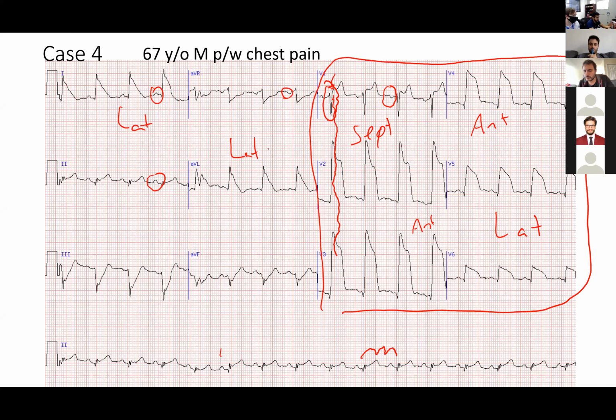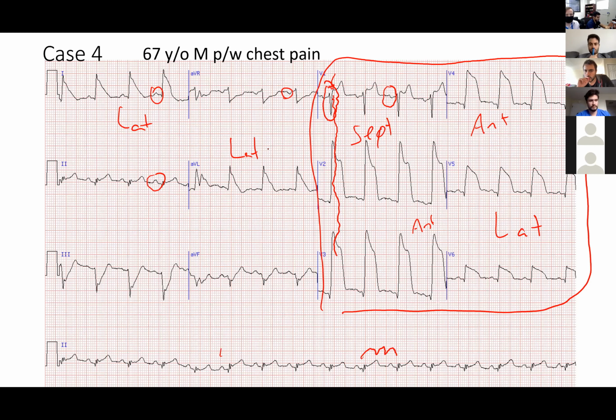Now, if you see this EKG, would you say this is an ST elevation MI of the anterolateral wall, or a non-ST elevation of the inferior wall? I would say ST elevation of the anterior wall. Correct. Why is ST depressed in the inferior leads then?